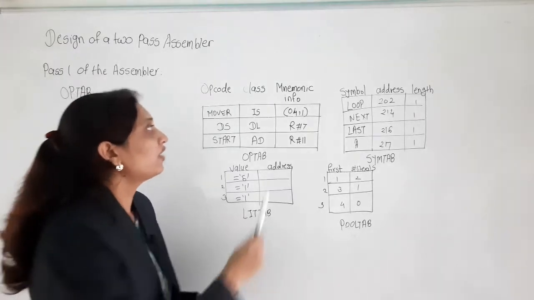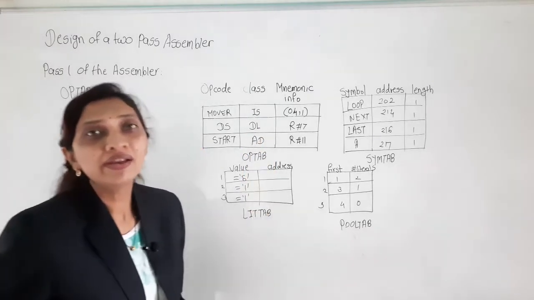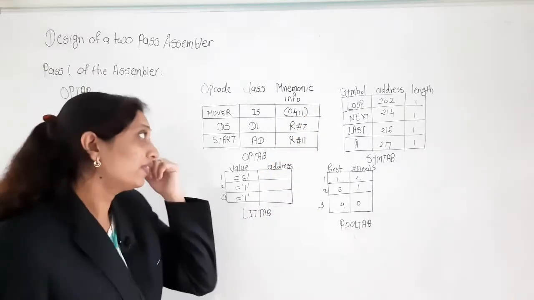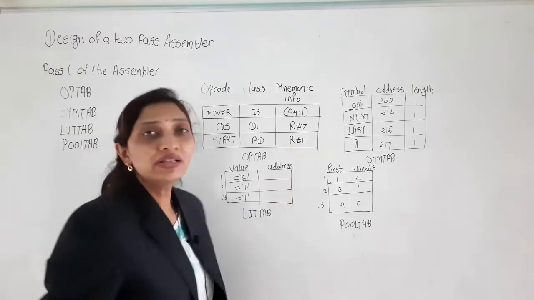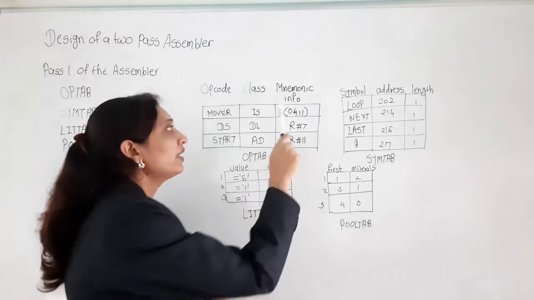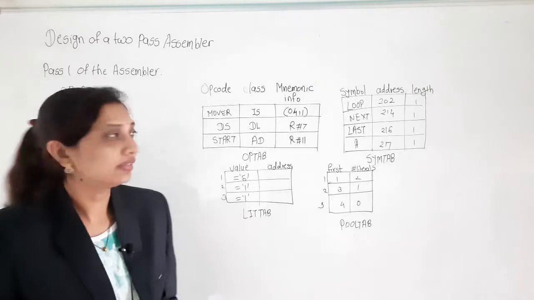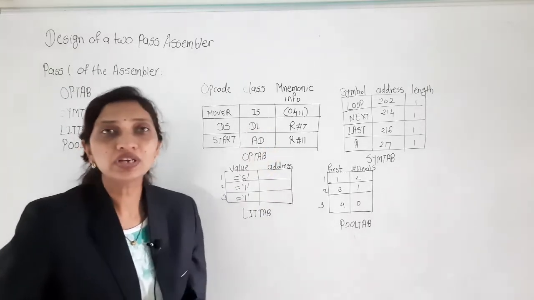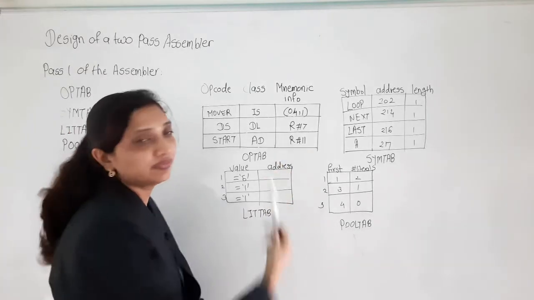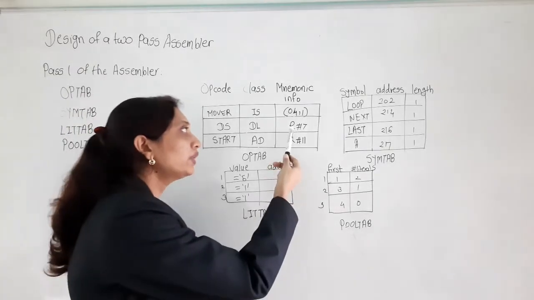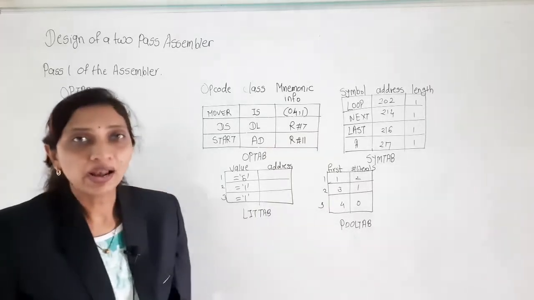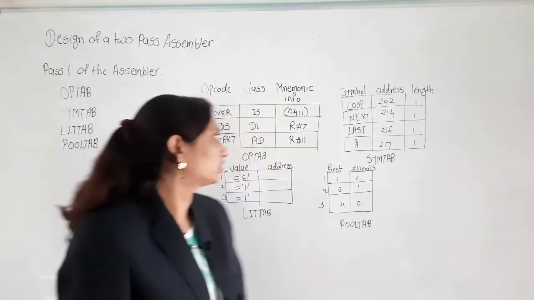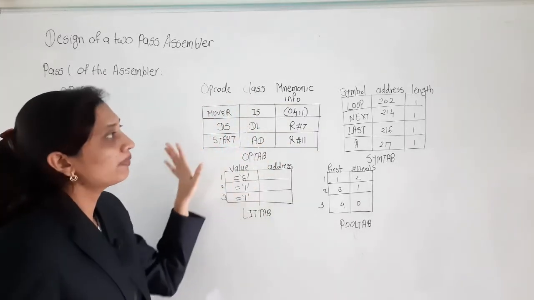If it is an imperative statement, a pair is included in the mnemonic information field, where the first part contains the mnemonic opcode of the instruction and the second part contains the length. If the statement is an assembler directive or declarative statement, a particular routine address is given, and that routine calculates the length required to store that instruction. In this way your OP table works.